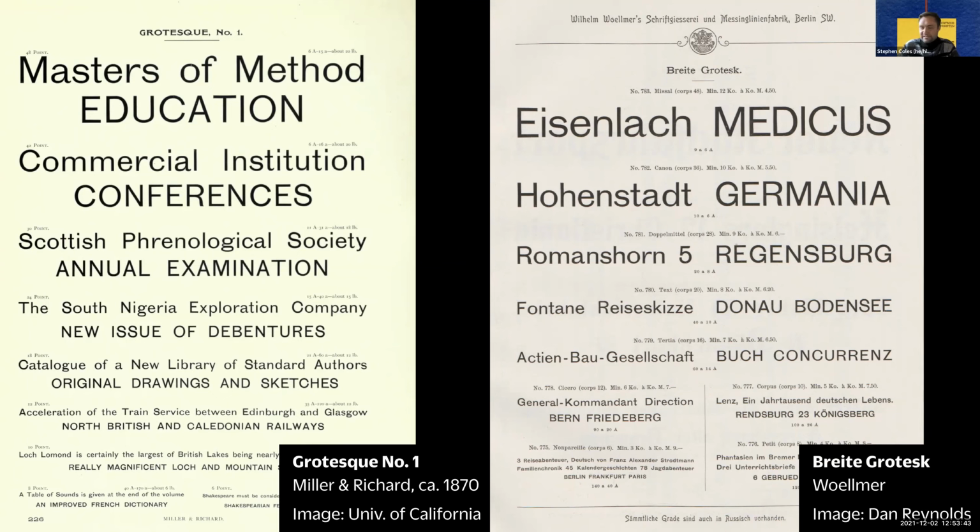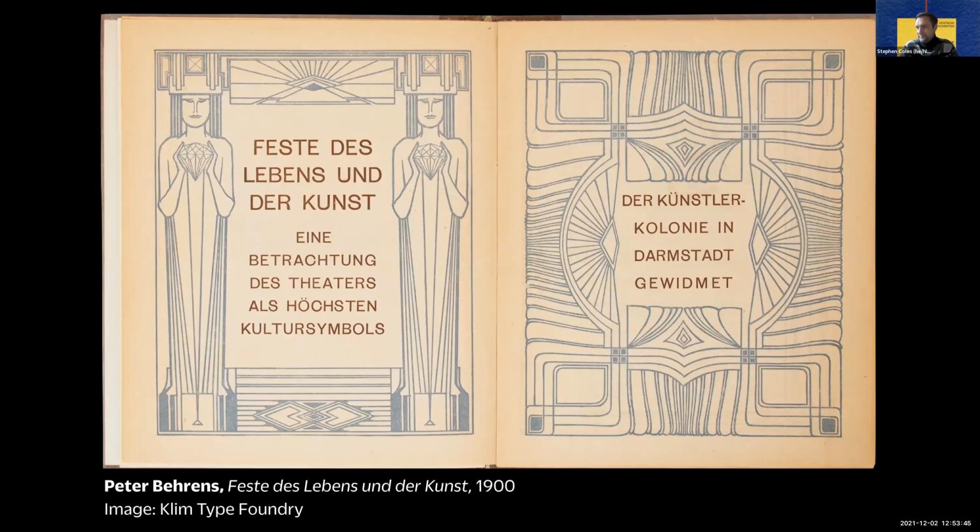But one little interesting side note about this typeface is that it was used in the first book that was composed entirely of upper and lowercase sans serif types. This is 1900. Peter Behrens, a pretty pioneering designer in Germany, not part of the Bauhaus, of course, is before the Bauhaus, but it's kind of presaging the experimentation with sans serif type that the Bauhaus then participated in.